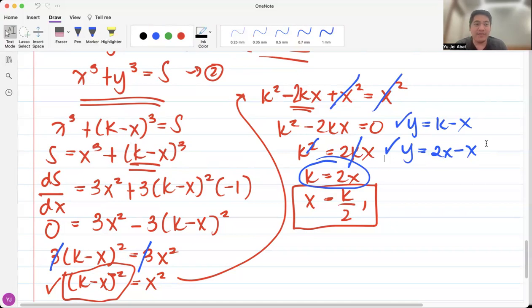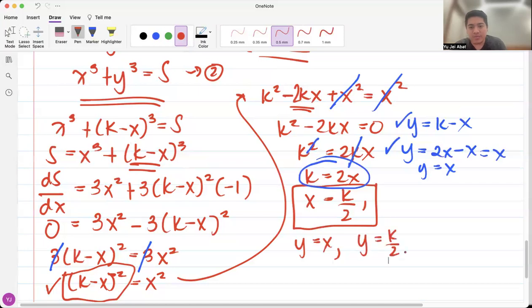We have already found the value of x, so we ought to also find the value of y. So simply, y equals x. It turns out that y equals x, therefore y is also k all over 2.